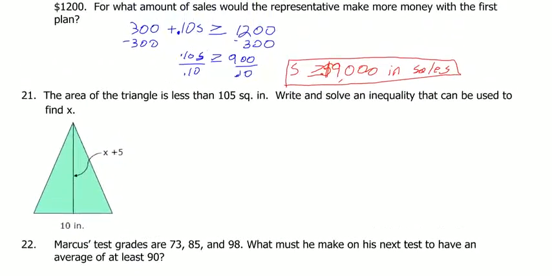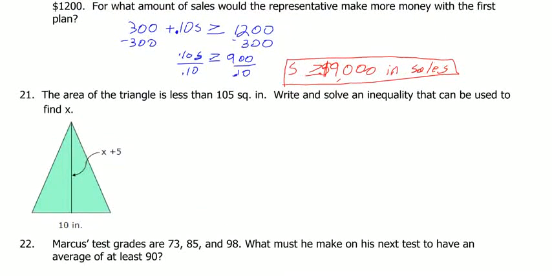So the area of the triangle is less than 105 square inches. Write and solve an inequality that can be used to find x. Now, if you remember, the area of a triangle is base times height divided by 2. Okay?